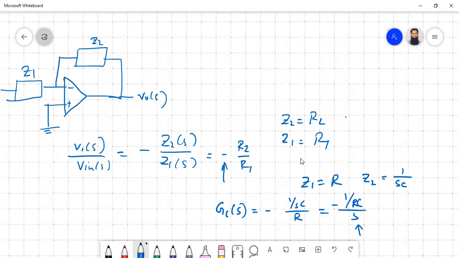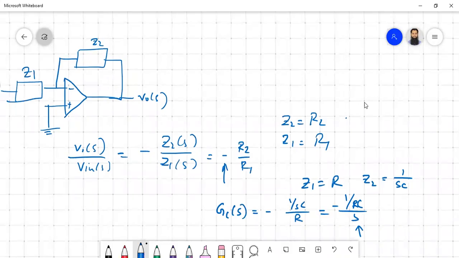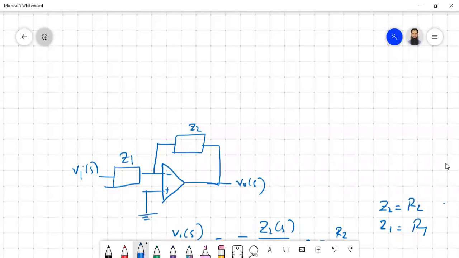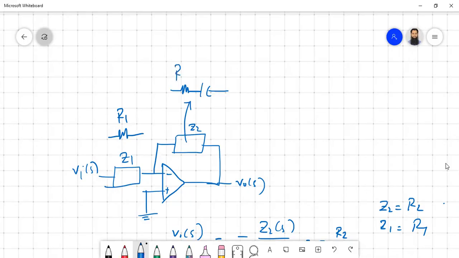Okay. Now say we want to have a PI controller. For a PI controller, what should be the value of Z1 and Z2? Z2 has to be a resistor and a capacitor in series, and Z1 has to be a resistor only. So say this is your R1 and this is your R2 and C. Z2 by Z1: what is Z2?